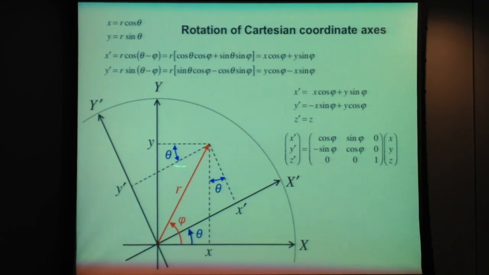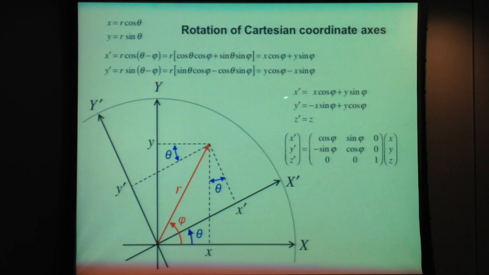So we've got, by construction, theta, here is theta, the rotation angle for the xy axes. That means that this angle, when we drop this perpendicular to the new x-axis, this angle is theta. When we drop the perpendicular to the new y-axis, this angle, again, is theta.